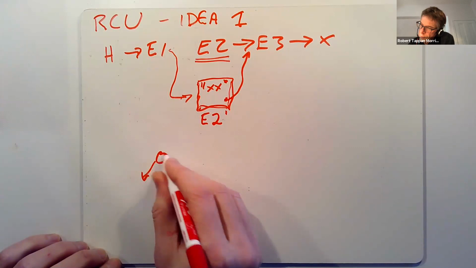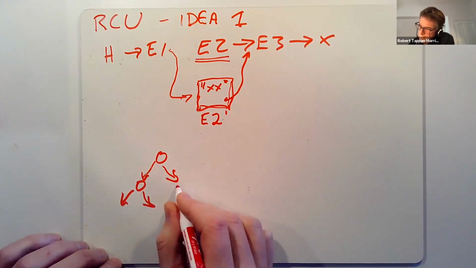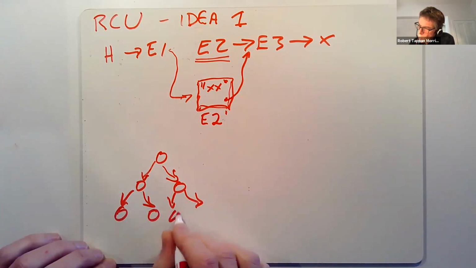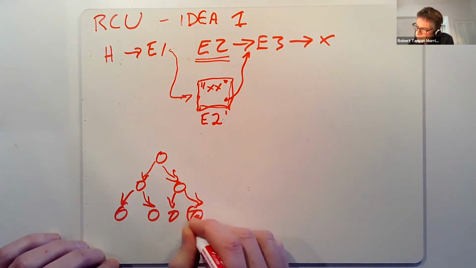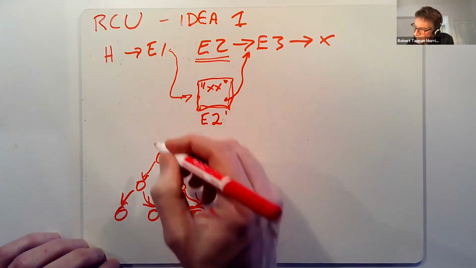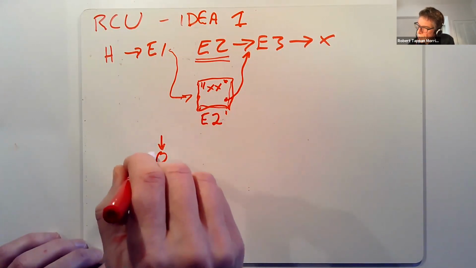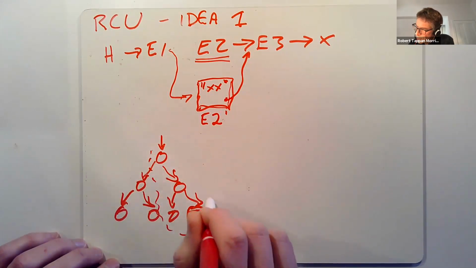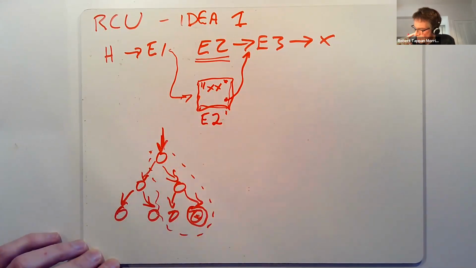If you have a tree of nodes like this, supposing we want to modify this value down here, there's some head to the tree. What we can do is cook up a new version of this part of the tree here, and with a single committing write to the head pointer, switch to the new version of the tree.